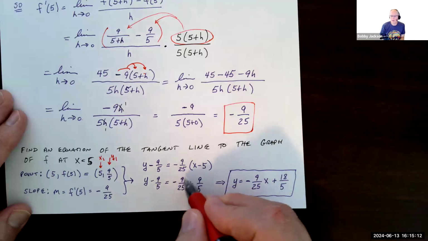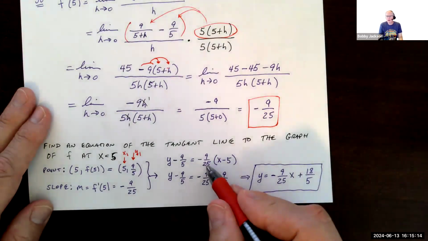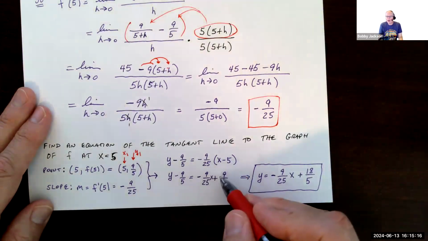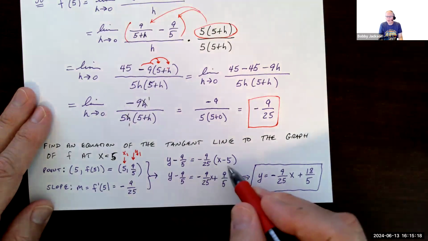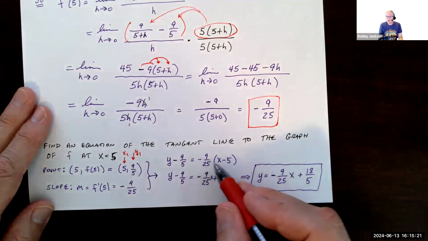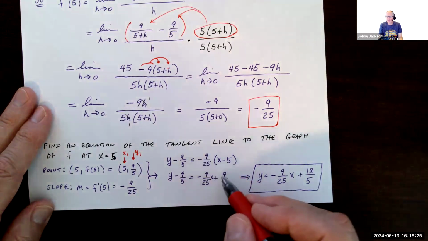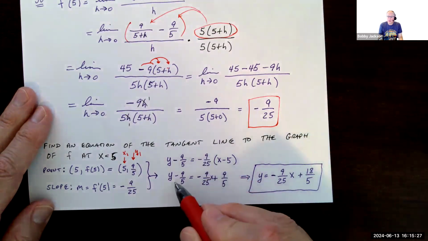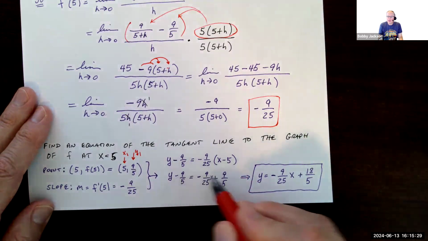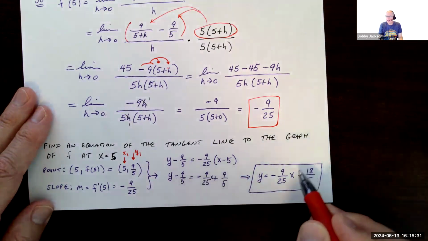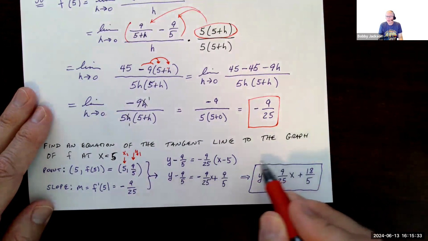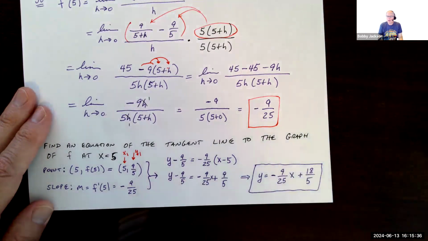Get -9/25 times x. And then -9/25 times a -5 becomes +9/5, because, right, we can cancel this 5/25 becomes 1/5 times the 9. All right, solve for y by adding 9/5. 9/5 plus 9/5 is 18/5. And there is our equation for our tangent line.